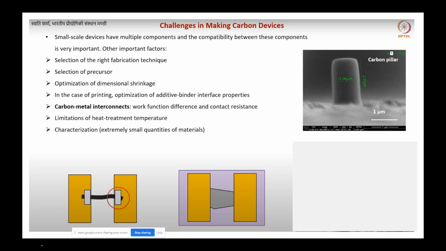You will require different materials, and sometimes it is difficult to make them compatible. Suppose this is your material one and this is material two. They should be compatible so that you can easily select the right fabrication techniques.